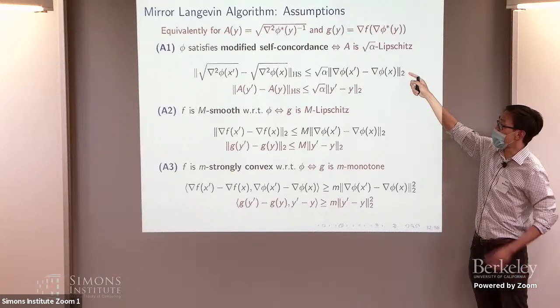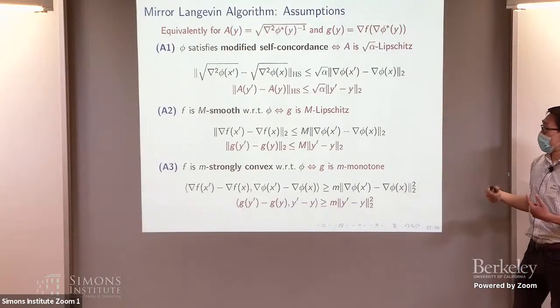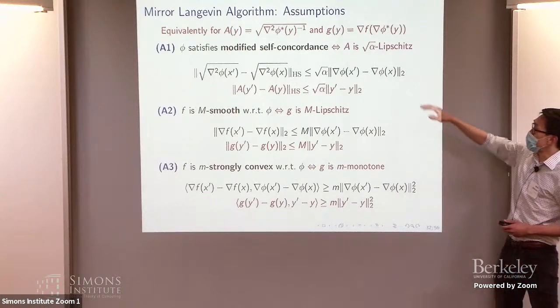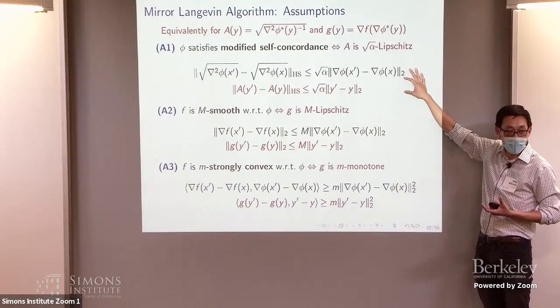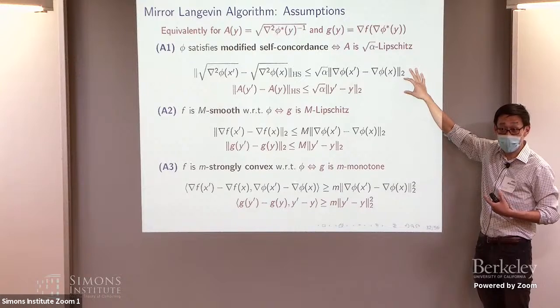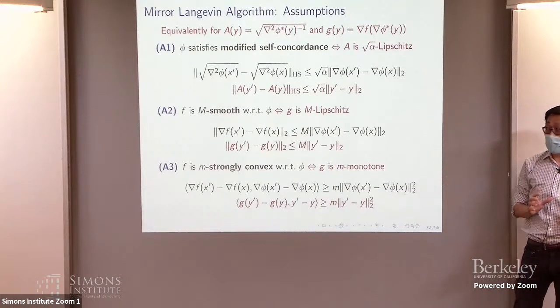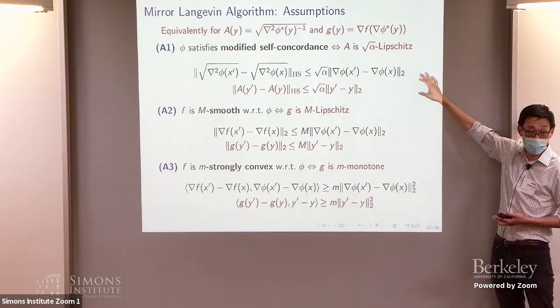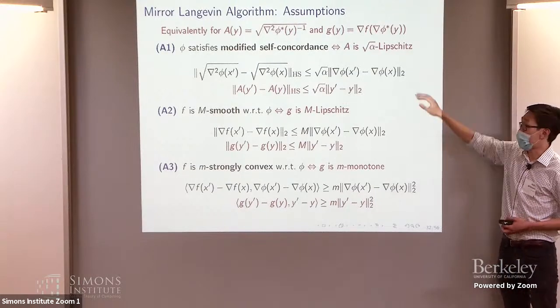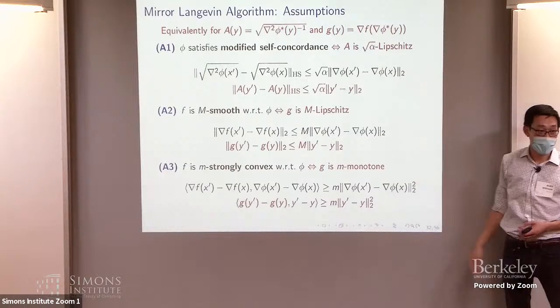Part of the discussion at the end will be that this condition is in some sense not ideal because it is not an affine invariant, for example, whereas the classical self-concordance condition is very nice. It's an affine invariant and so on. So we would like to replace this condition by something more natural. But for general f, this is not a free condition. You have to check this.